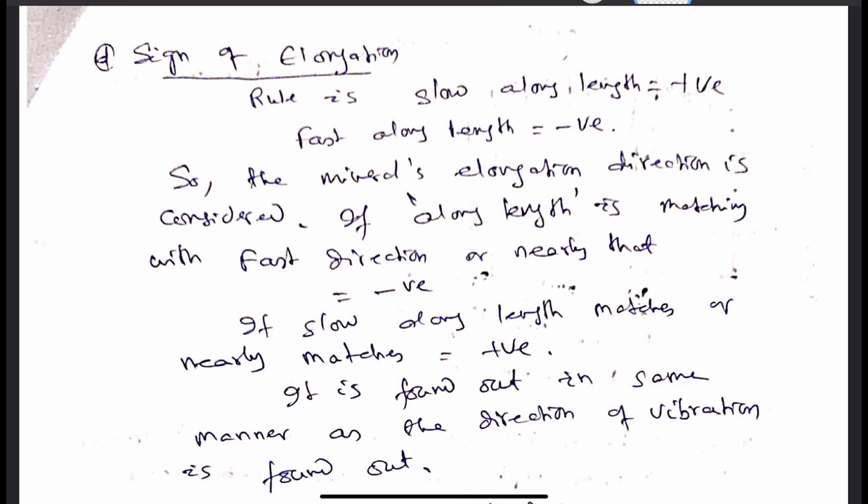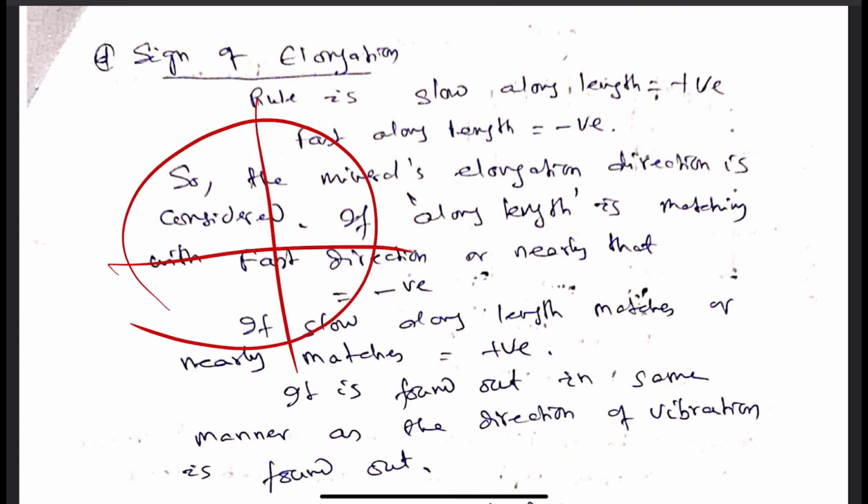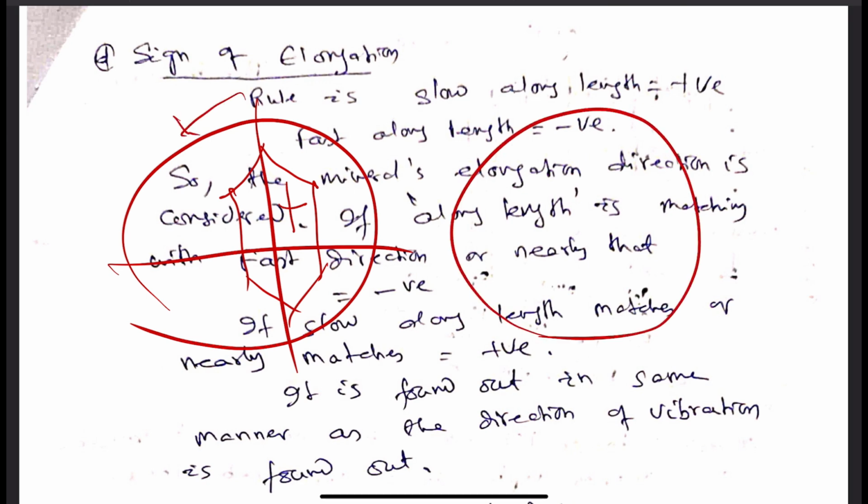So let us keep the mineral in the position of extinction. Let us say it is an elongated mineral. In this condition, it is showing darkness. So rotate it, and it will be in this position now.